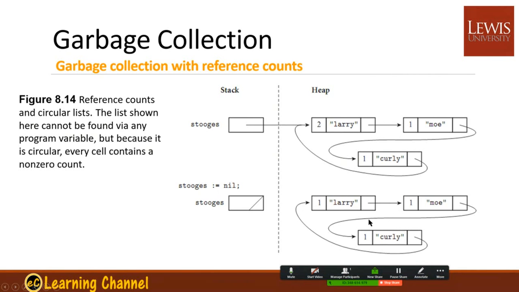But because it is circular, the objects themselves assume that they are all linked. But even though they are linked, they are actually still garbage. So the reference count is not equal to 0, but it doesn't mean that these are not garbage. Actually, these are still garbage because they are totally lost. So the reference count model actually doesn't work for circular structures.